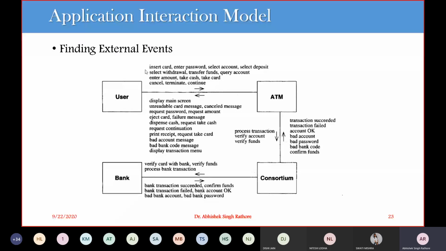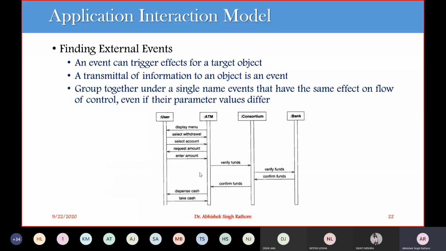In this sequence diagram you are identifying the different functions that are available, or these are the different events that can interact between two objects.